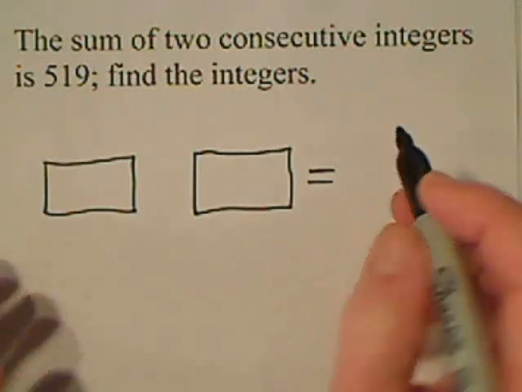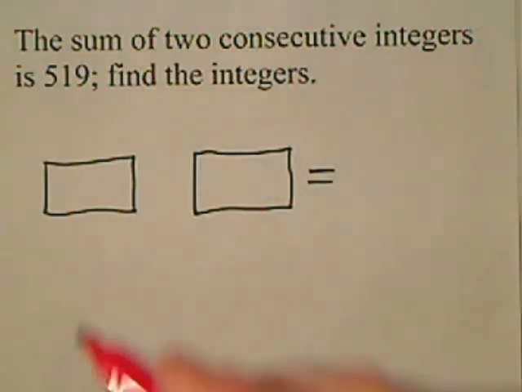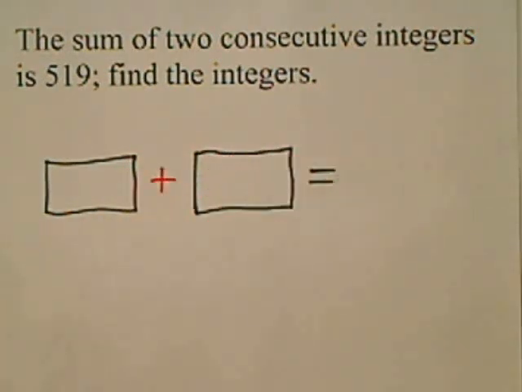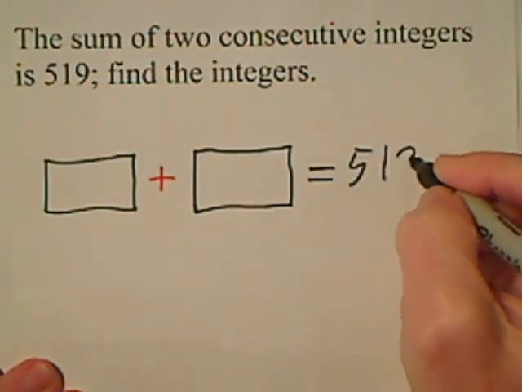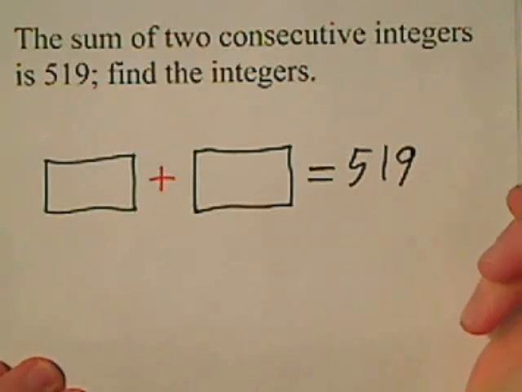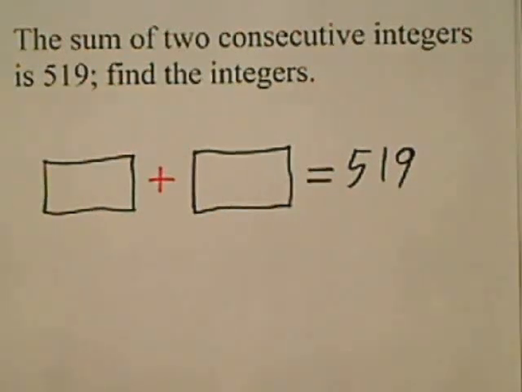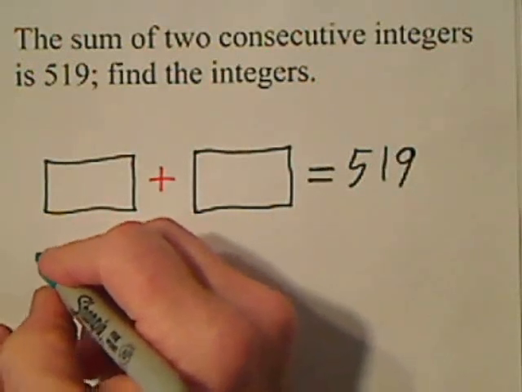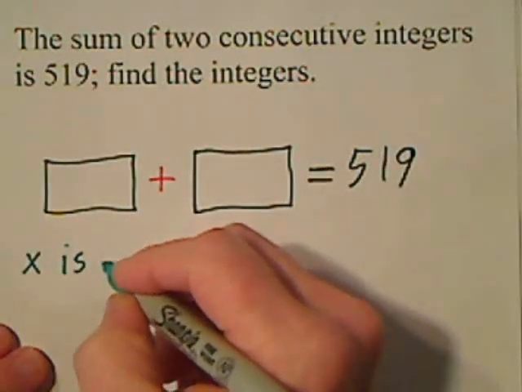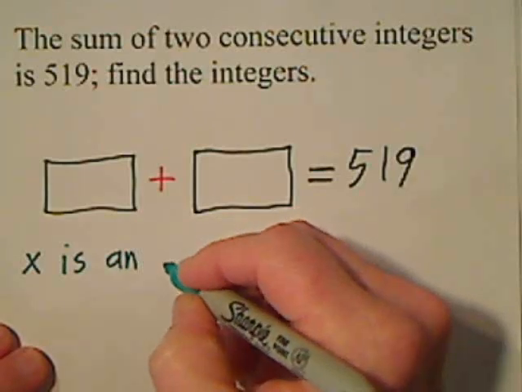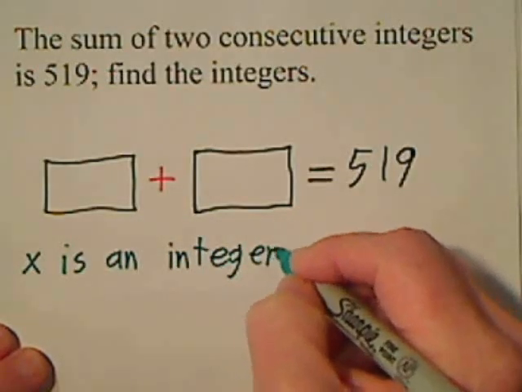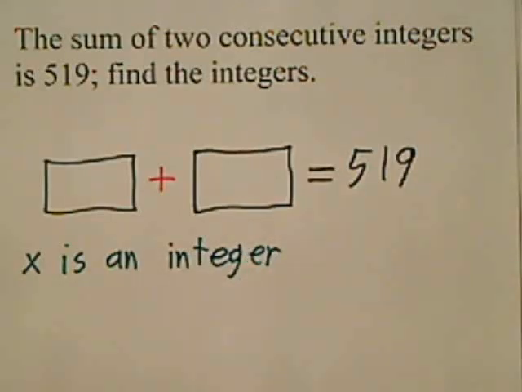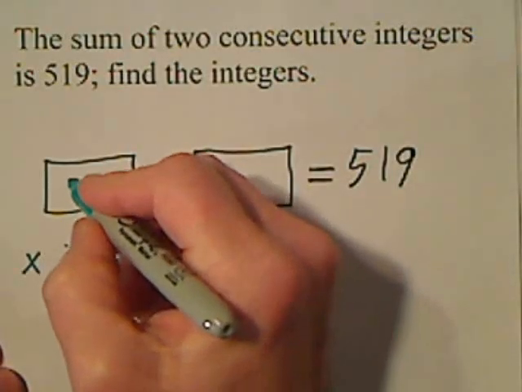If I add them together, I'm going to get 519. I'm going to say that x is an integer. So I can just plug in an x here.